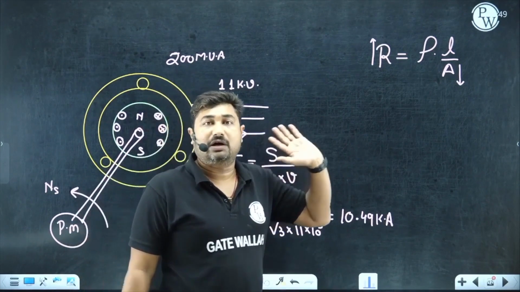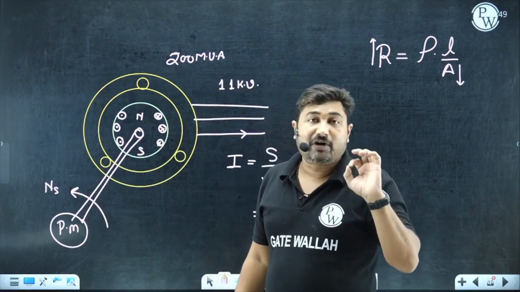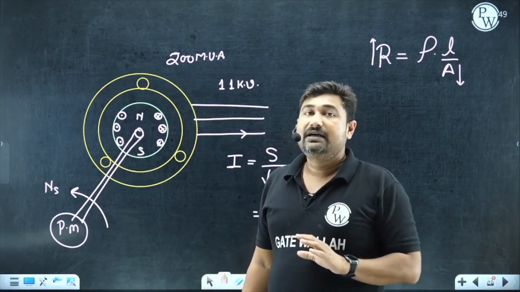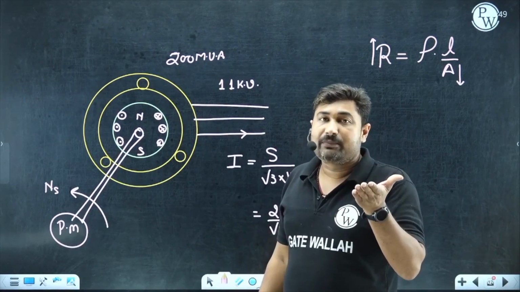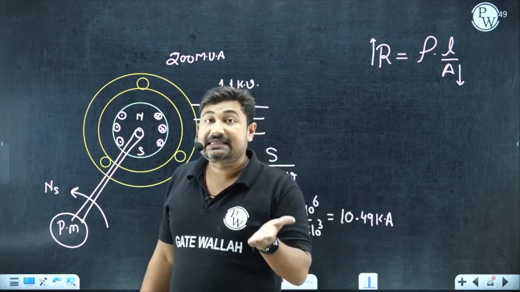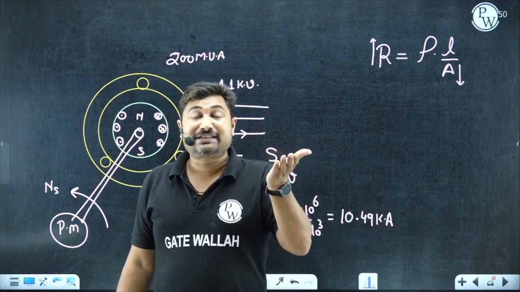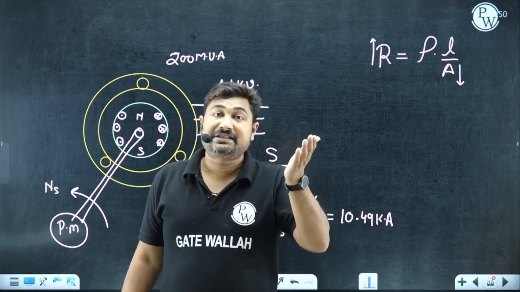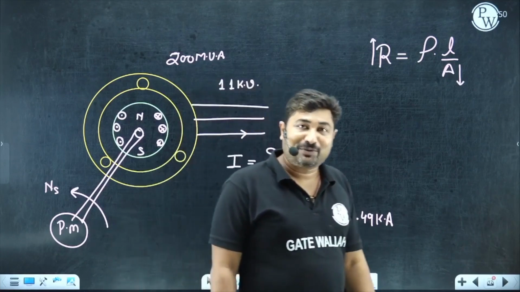I square R loss happens, and that occurs in the form of heat. Heat increases. We all know about the behavior of resistance: when temperature increases, resistance further increases. With the increase in resistance, I square R loss further increases. So this cumulative process goes on till the wire reaches its melting point.